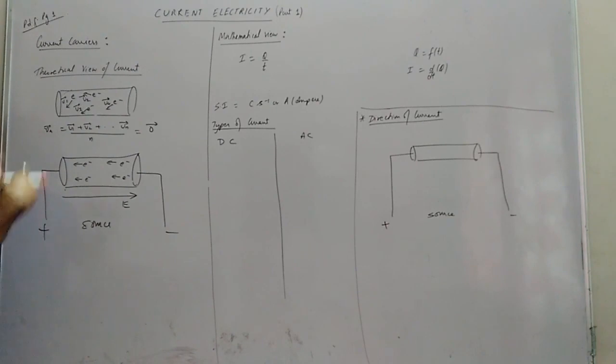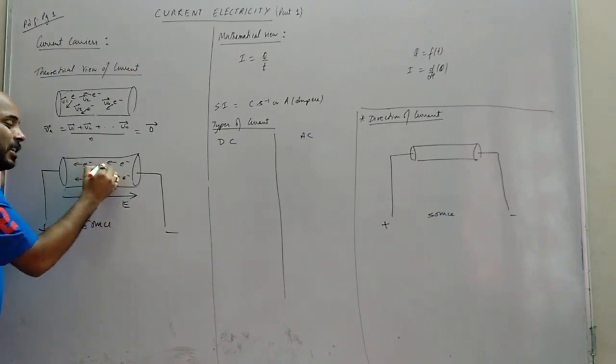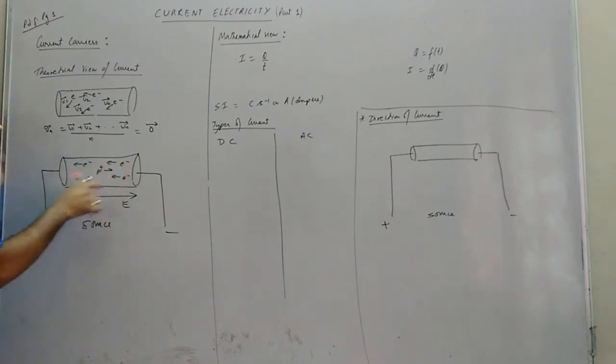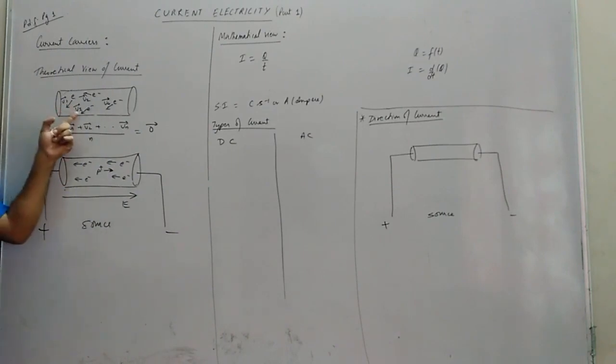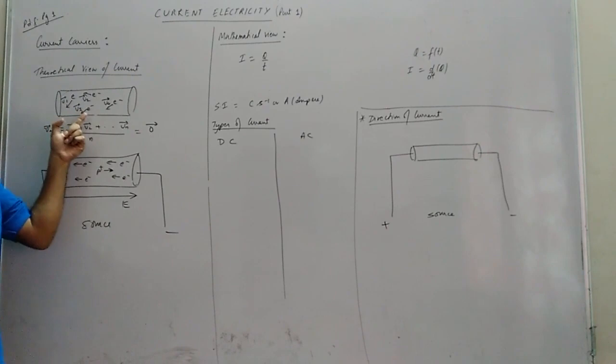Now earlier, physicists discovered more new things. First they discovered that the electrons are moving opposite to the electric field. Then they considered that the protons are moving in the direction of the electric field. So now the theoretical definition of current changes. Earlier, the first idea was that current is flow of charges, flow of electrons, which was wrong.